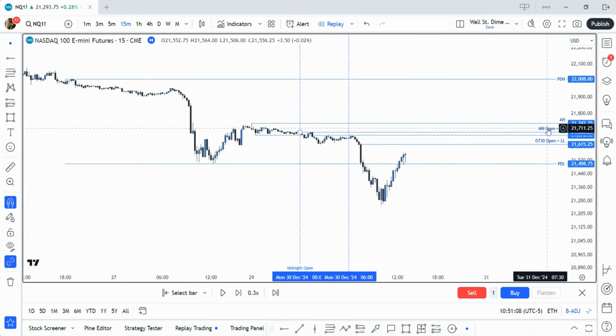We learned to mark up our opening prices. I didn't talk a lot about why I use opening prices or how I use opening prices, but very simply, oftentimes if the price is below the midnight open or the 7:30 open, and you're looking to go long, like you think the market will go higher, then it's good for the price to be sitting under here because it's at a discount.